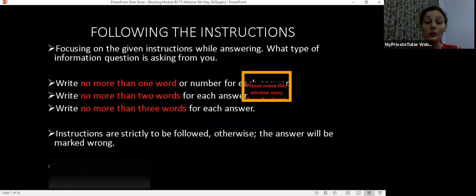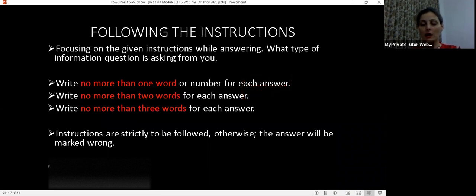Now, the very first thing that's very important: what is the question? You have to follow the instructions, because there is a time constraint. You have to be very particular about managing to answer every question in the limited time. You're not going to have a lot of time to waste. Whatever the instruction, you have to be particular. If one word is asked for, write it down.